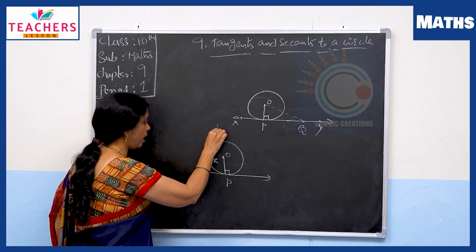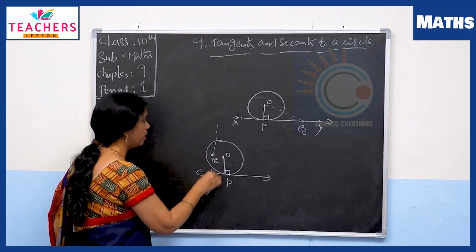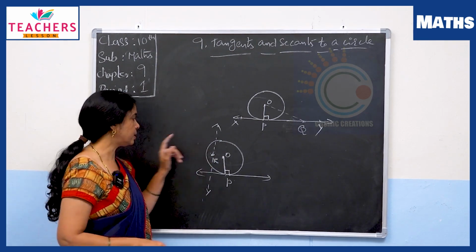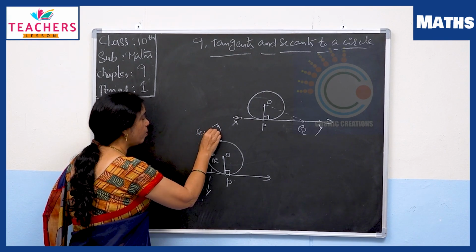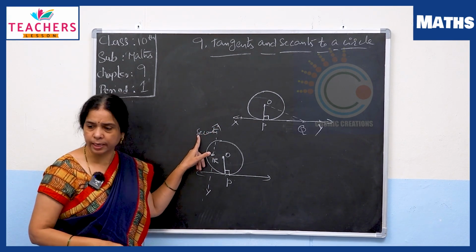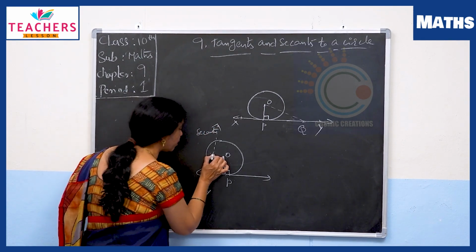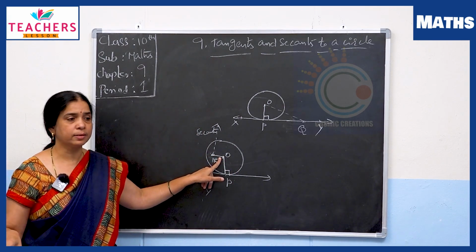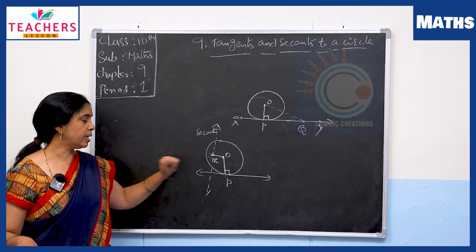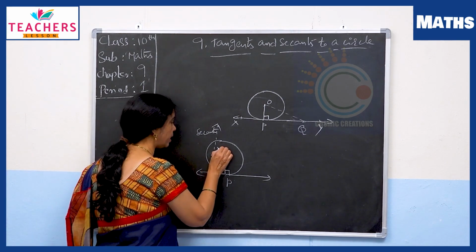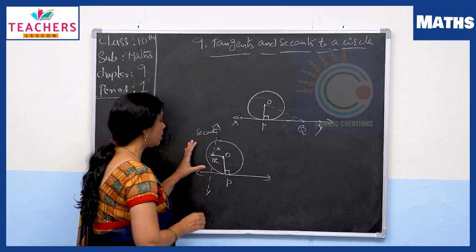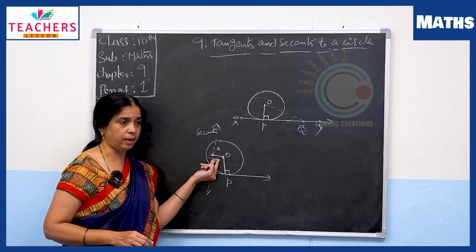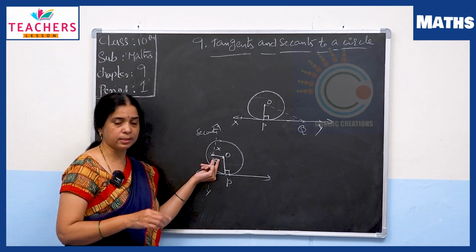If you draw a line passing through R, is it a tangent? No, it will be a secant. One more thing: if you join O and R, is it a radius? No, it is less than the radius, because R lies inside the circle.